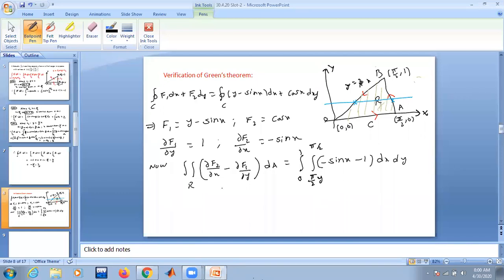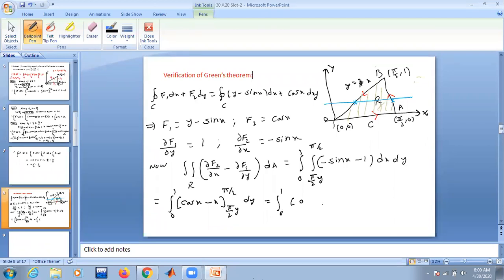Now the integration of minus sin x is plus cos x, and the integration of minus 1 with respect to x is minus x, with limits from pi by 2 y to pi by 2, dy, with y from 0 to 1.